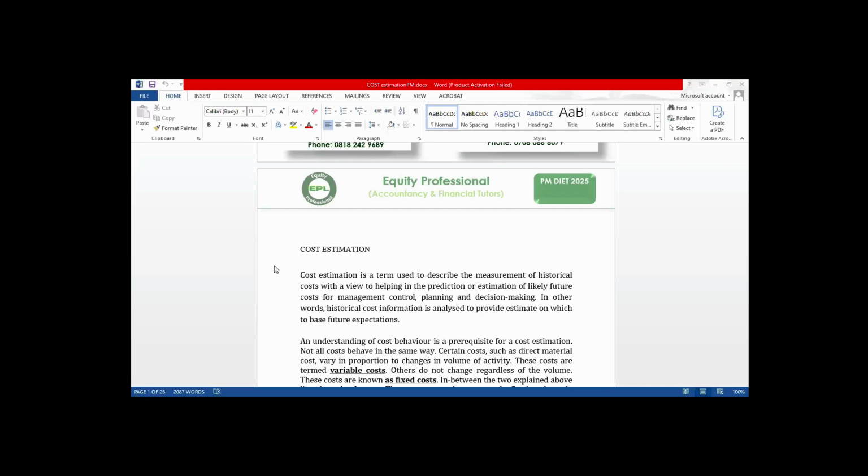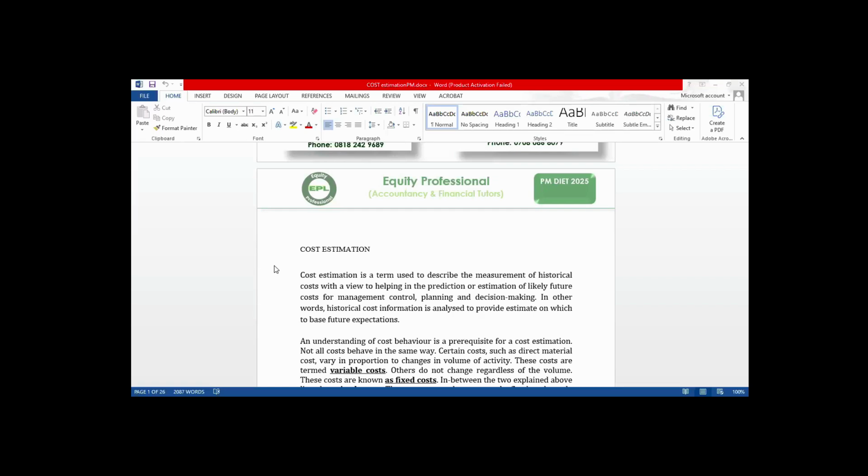And we said the knowledge of cost behavior is a prerequisite for cost estimation. That is, to estimate cost, you must understand cost behavior. Now, what is cost behavior?